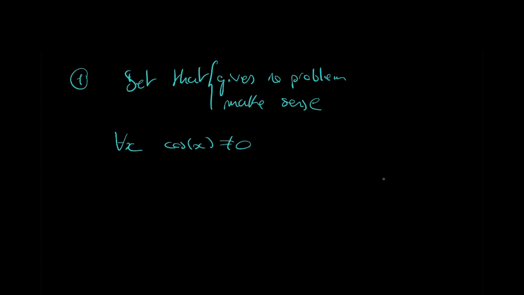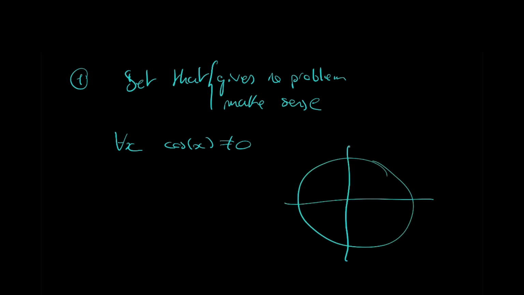So let's think a little bit. Here is a trigonometric circle with the cosinus here and the sinus here. My cosinus will be equal to 0 at this point and this point. So it can be equal to 0 at pi over 2 and 3 pi over 2, but also at every one of these angles if we add 2k pi, with k a relative number, because let's remember that an angle alpha is the same angle if I add 2k pi.